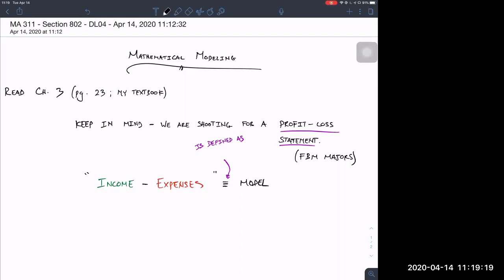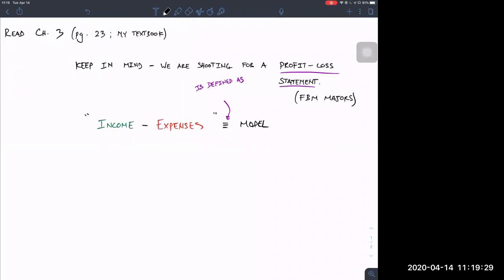Okay, so this is what you wanted to keep in mind. Also, the other thing you want to keep in mind is that we always go through the same steps more or less when approaching any of these problems.